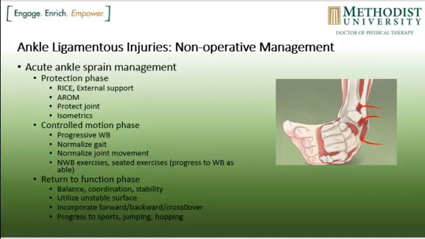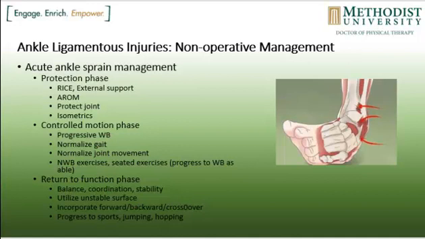During the return to function phase, you need to emphasize balance, coordination, and stability. Ankle sprains occur in a weight-bearing position. The loss of proprioception and the loss of quick speed reaction time is what has caused the ankle sprain to start with. So making sure they can regain that is important.